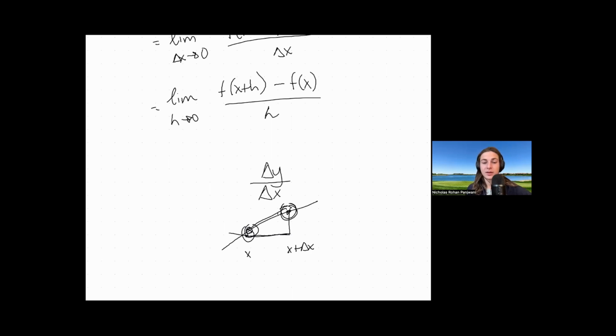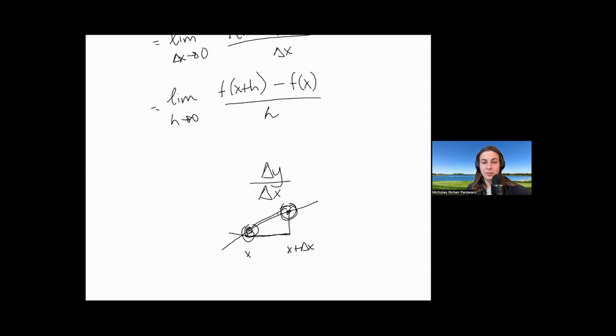The tangent line is a line that simply touches the curve at a single point, and the slope of that tangent line is equivalent to the instantaneous slope of the curve at that particular point.